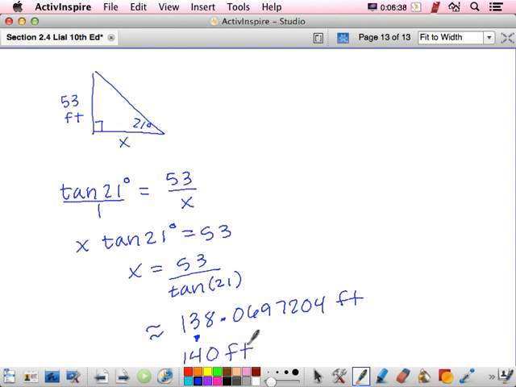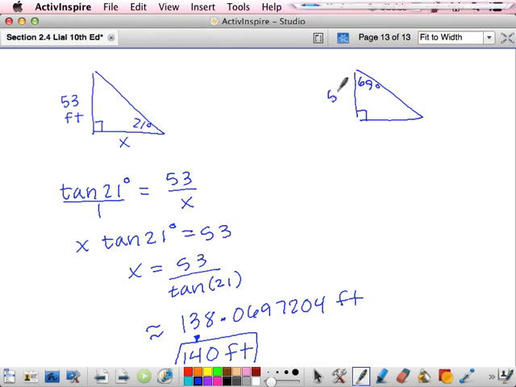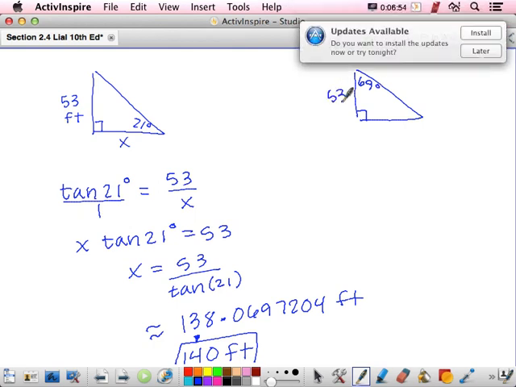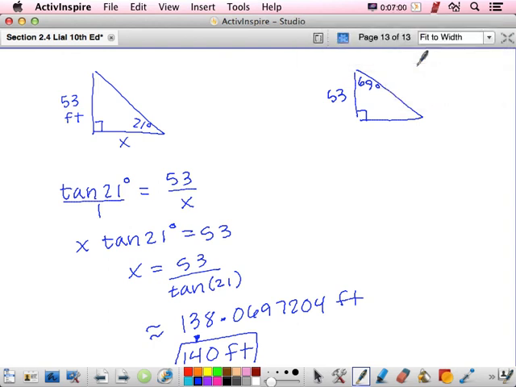David pointed out something that I liked a lot. He said it's easier if you actually find this angle, which turns out to be 69, and then you use it to write the tangent equation instead. That keeps you from having the problem where your variable's in the bottom.